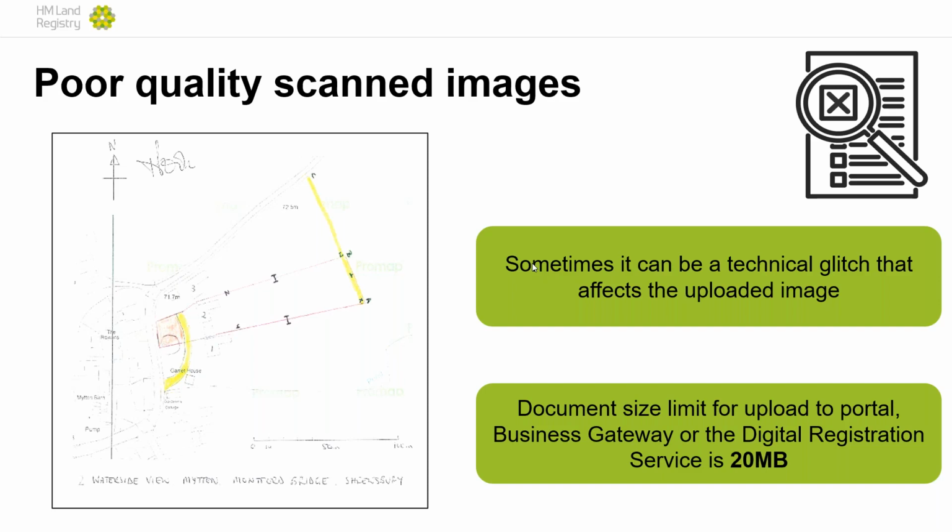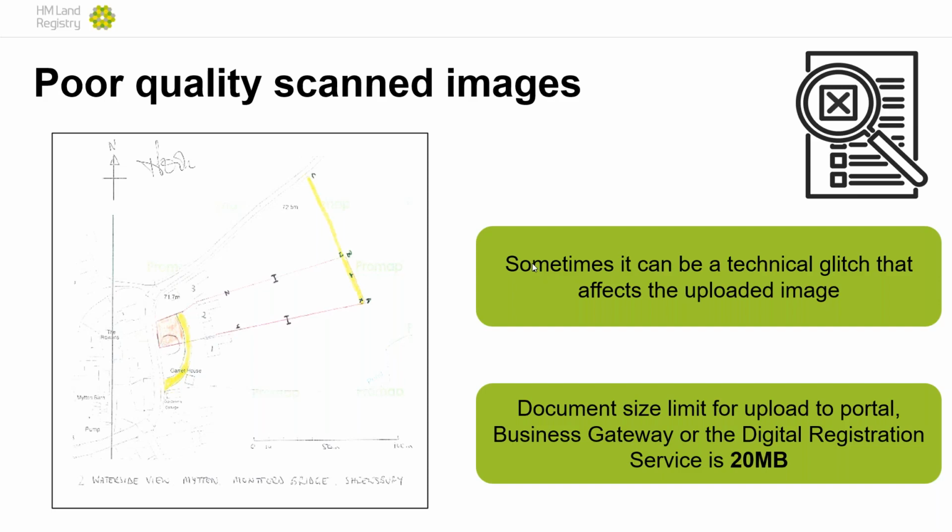We use the documents you send us to make official copies in the future. So to prevent registration errors, it's vital they are clear and legible. If, in our opinion, an image is of poor quality, like the plan now shown on screen, we will ask you to make and send us a new copy. Sometimes it may not be obvious why your uploaded image needs replacing.